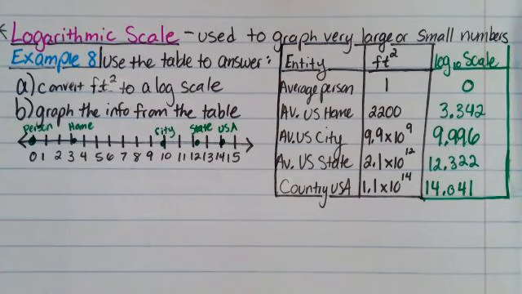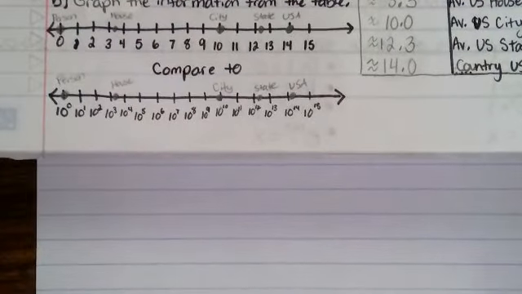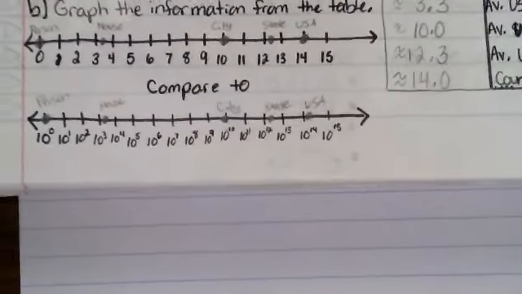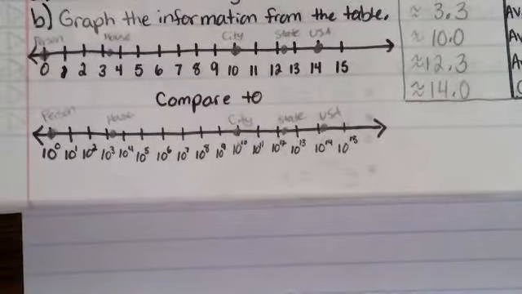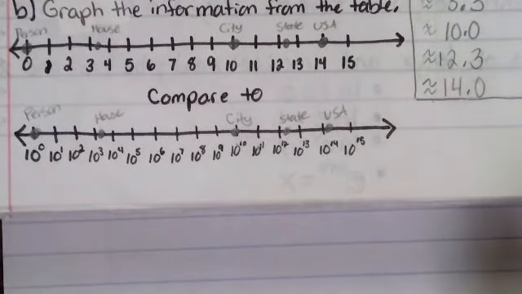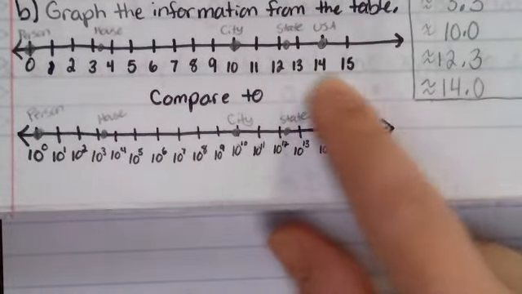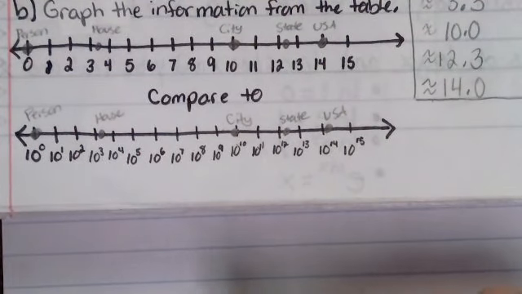If you did that instead, I want to pull up what I have on my filled out notes because I just want you to see how similar these things are. So that way you can realize it is going to be easier to graph the other ones, I think. But so if you do the log scale, that's what this top one was right here. 0, 1, 2, 3, 4, 5, 6, 7, 8, 9, 10, 11, 12, up to 15, right?